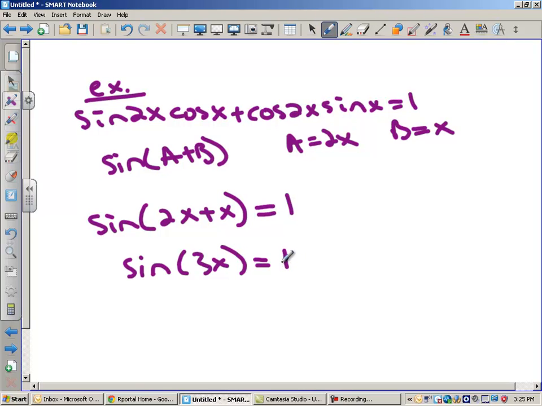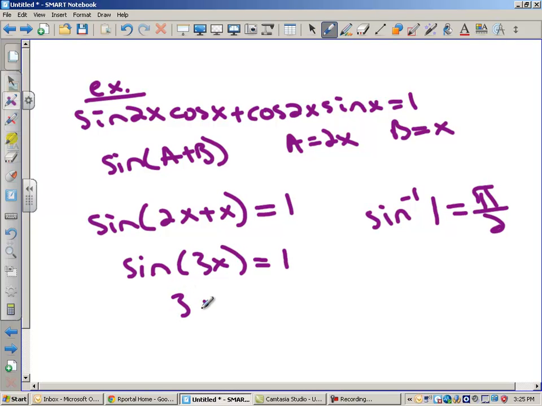And then we've got to figure out where sine is equal to 1. Well, there's only one place where sine is equal to 1, and that happens at pi over 2. So the arc sine of 1 is equal to pi over 2, because the sine of 90 degrees is 1.